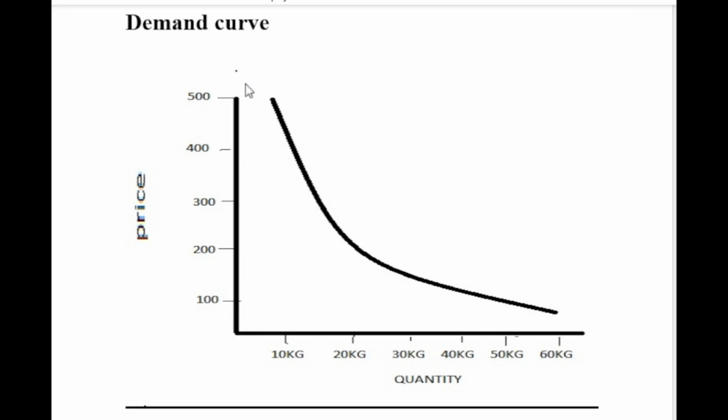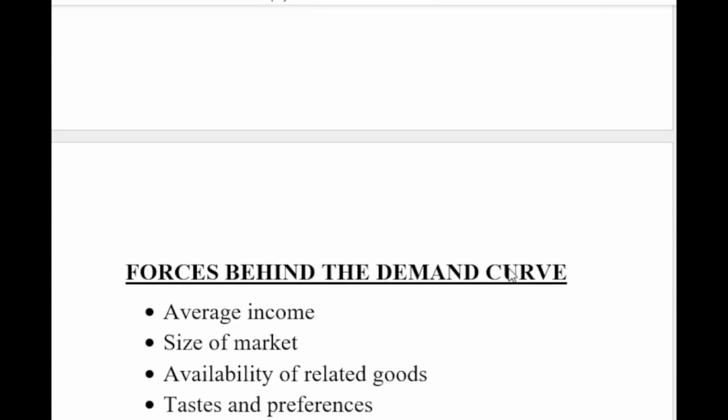So when price rises, quantity demanded falls. So there is a downward sloping demand curve. This is called the downward sloping demand curve, which shows the inverse relationship between price and quantity. Law of the downward sloping demand curve: when the price of a commodity is raised, buyers tend to buy less, and similarly, when the price is lowered, other things being constant, the quantity demanded increases.